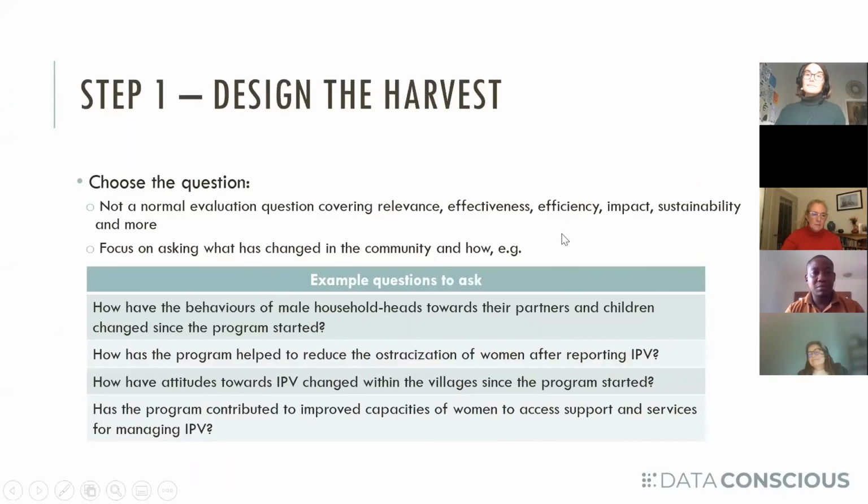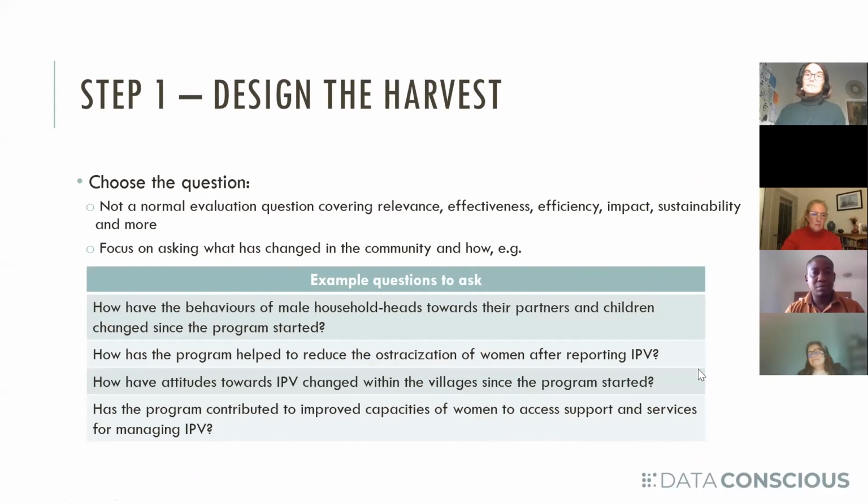So to give you the first step, number 1, design the harvest. It doesn't need to take too long, but it does need to be done with a concerted effort. So the first thing to do here is to choose a question. That means choosing not a normal evaluation question that covers the DAP criteria of relevance and effectiveness and efficiency and all the rest.